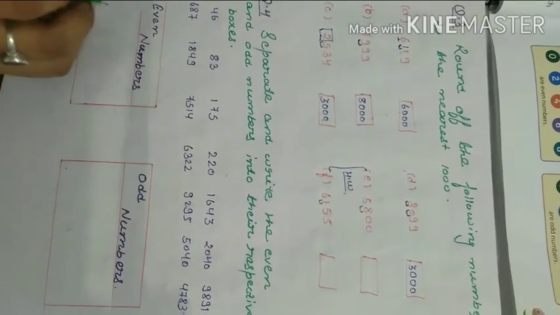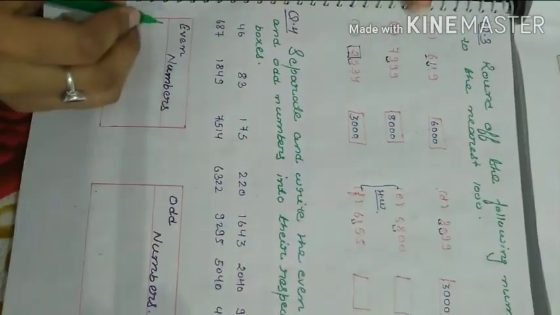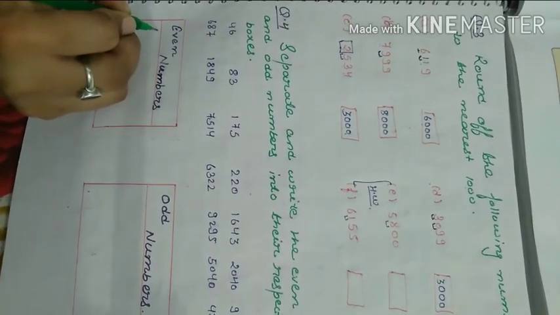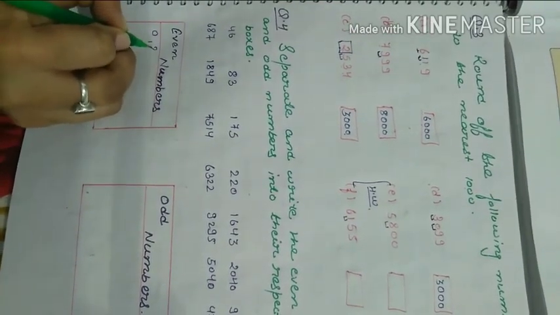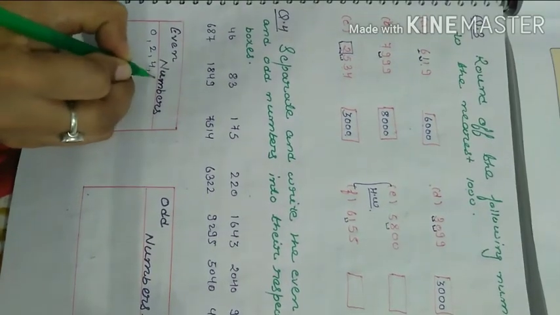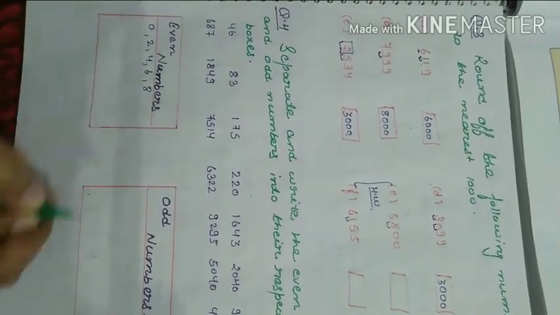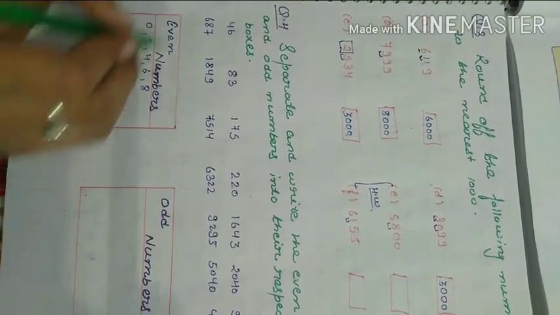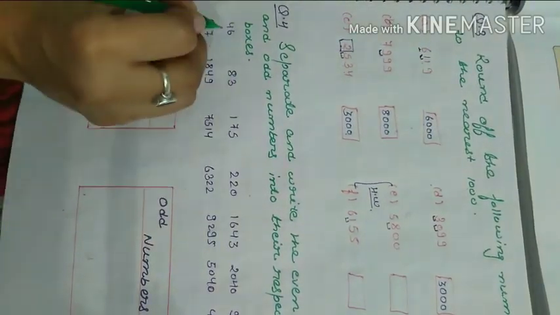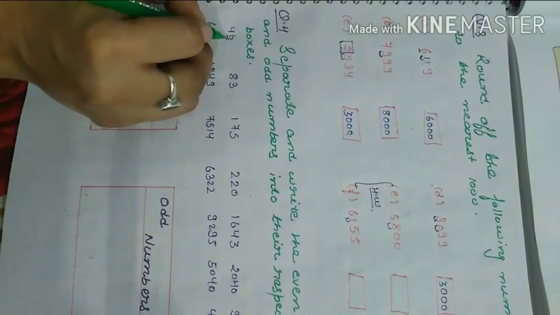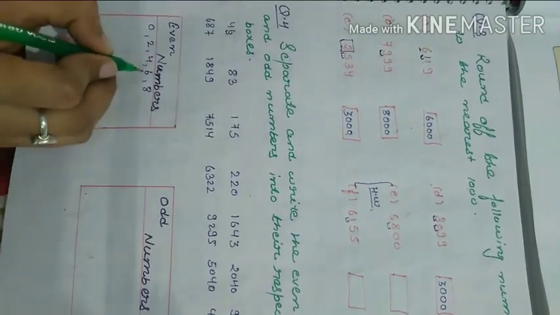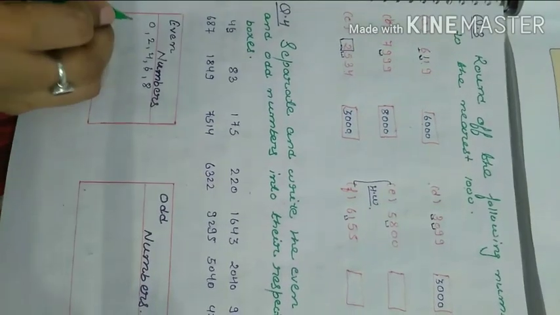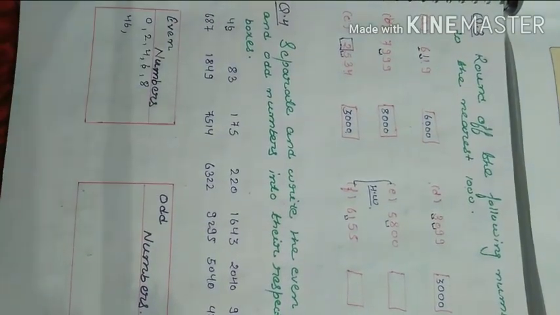You know that even numbers are those numbers that end at 0, 2, 4, 6 and 8. So these numbers are called even numbers. So let's see which numbers are even numbers. See, at ones place here we are having 6. So the number which has 6 is an even number. So let's write it here.